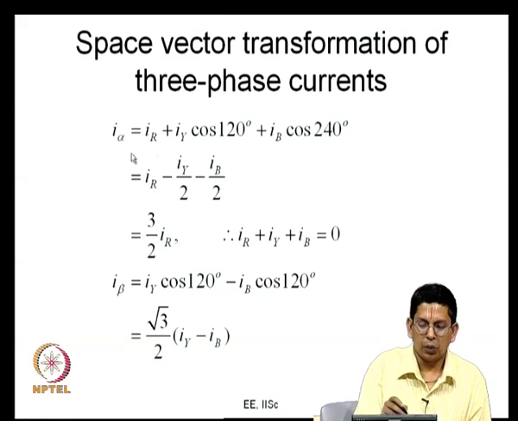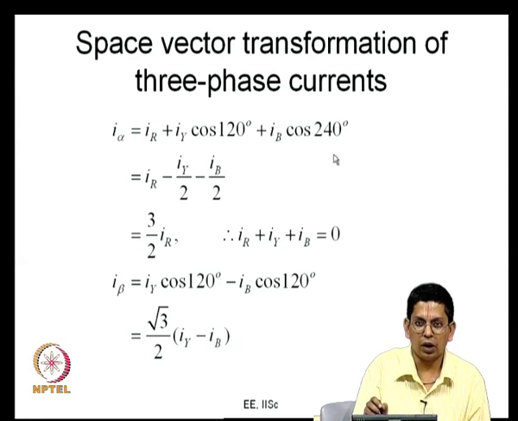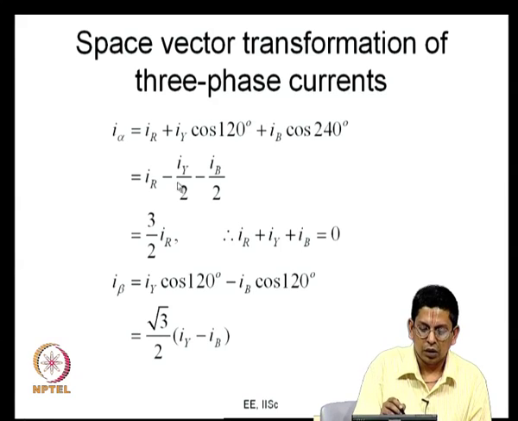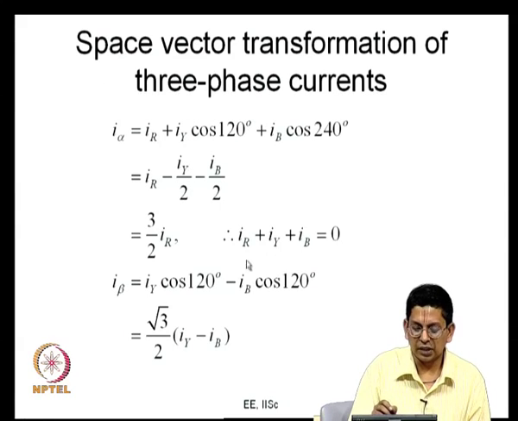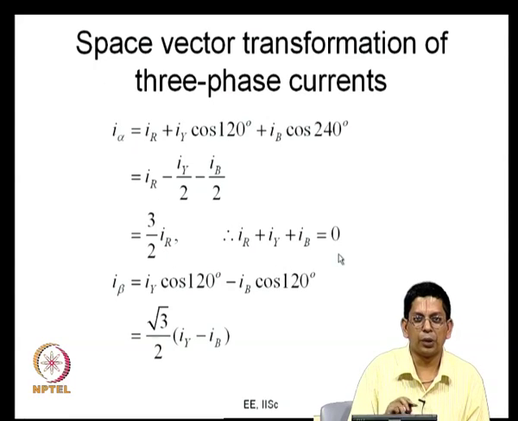I alpha should be equal to I r plus I y times cos 120 plus I b times cos 240, which is I r minus I y by 2 minus I b by 2, and further I y plus I b is equal to minus I r, because I r plus I y plus I b is 0. Therefore, you get this as 3 by 2 times I r.